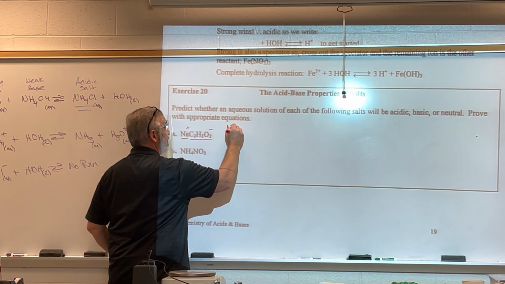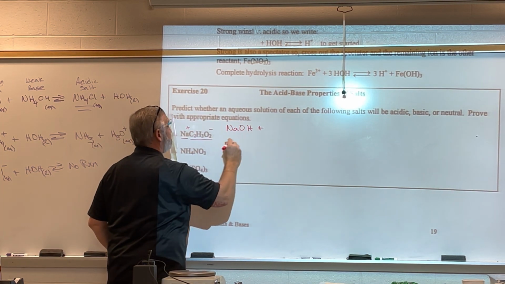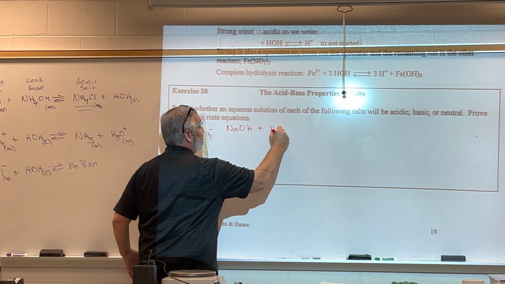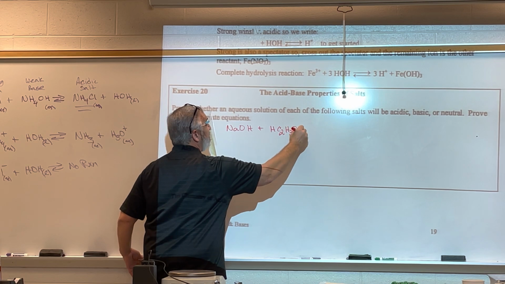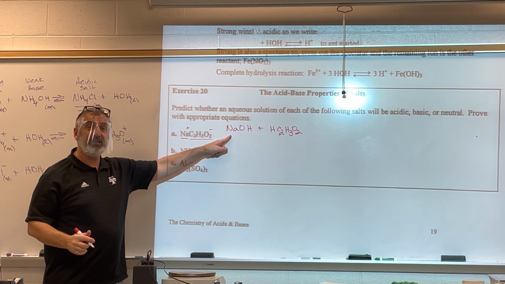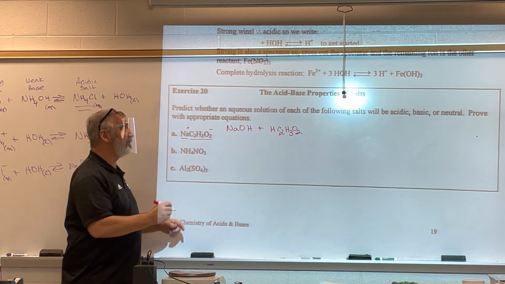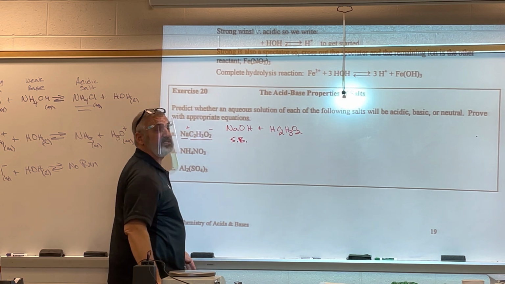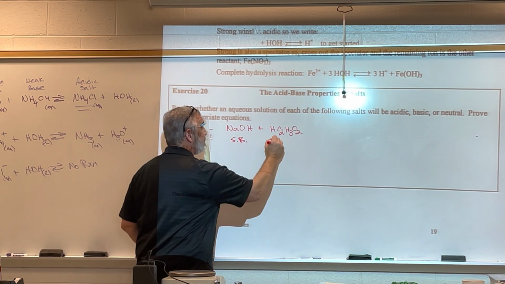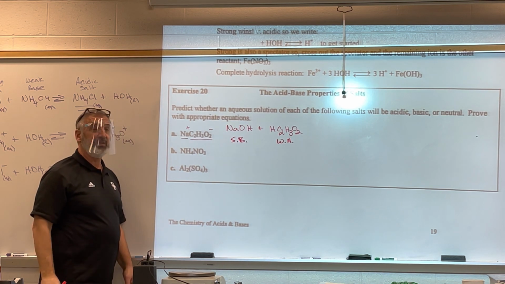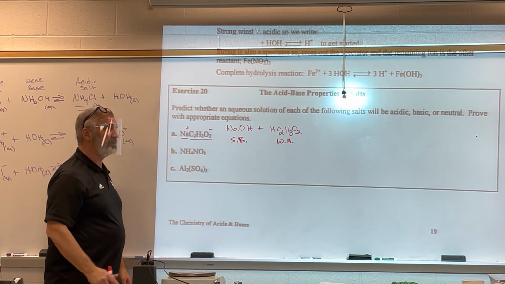NaOH plus HC2H3O2. Now you don't have to write this out, but this is what you think mentally. So what type of base is NaOH? Strong base. What type of acid is acetic acid? It's a weak acid. So what does that make this? It's going to be a basic salt.